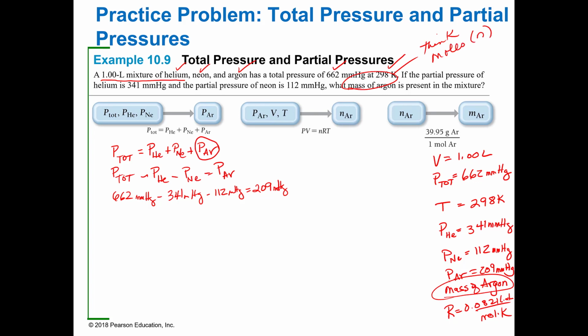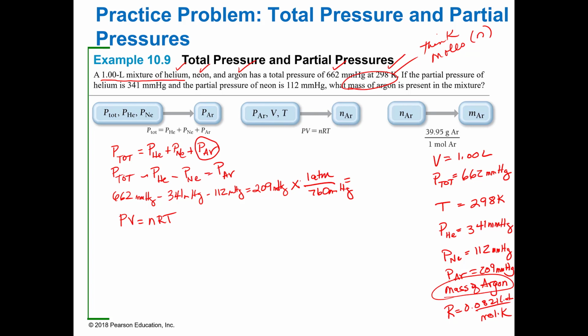So I know that I can calculate the number of moles using the ideal gas law. And so if I have PV equals nRT, I know what the pressure of my argon is. Now my argon is going to have to be changed into atmospheres, right? Divided by 760.